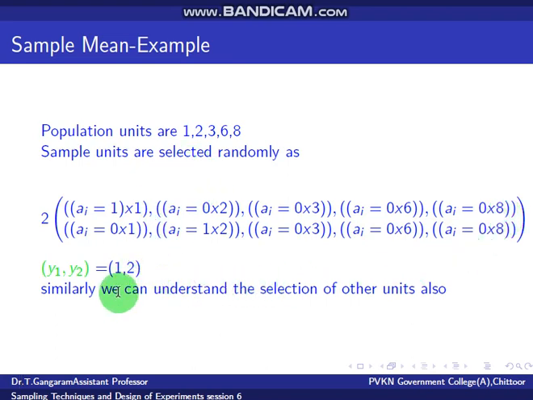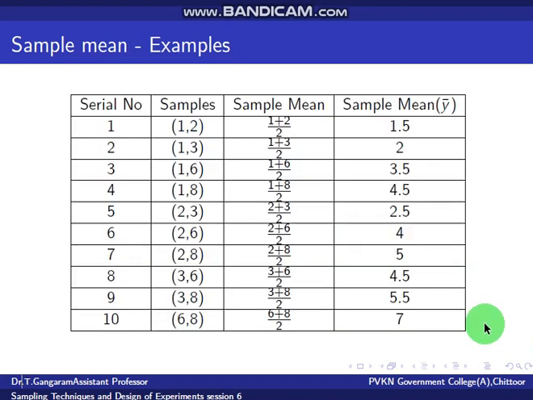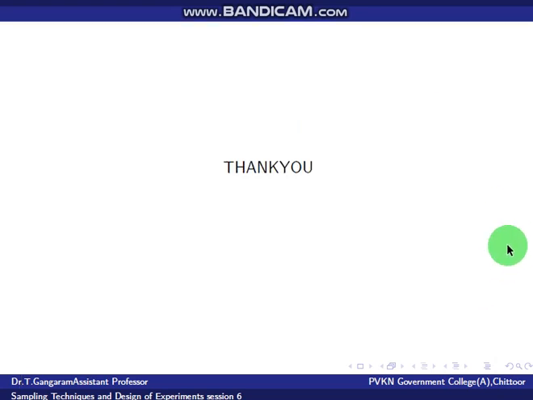Similarly, for 2 also, here ai is equal to 1 for this unit only. For all the remaining units, it is 0. So the first sample units are 1 and 2. This is our first sample. We can calculate the sample mean like this. Look here carefully. These are the sample values. This is the formula: y1 plus y2 by 2. Here we have 2 samples only. These are the sample means. Okay. Thank you.